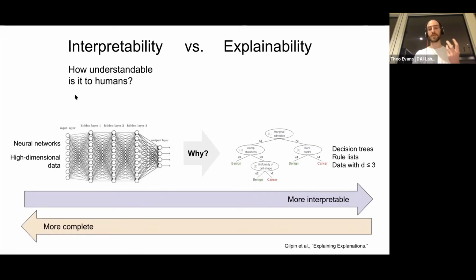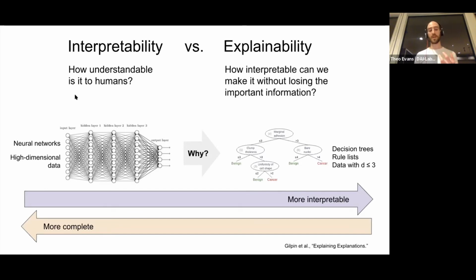So this brings us to an idea of explainability, where we try to make our explanations as interpretable as possible whilst retaining as much of the important information as possible. So it's striking this balance between the interpretability of a model and the completeness with which we are describing, for instance, our learning model.